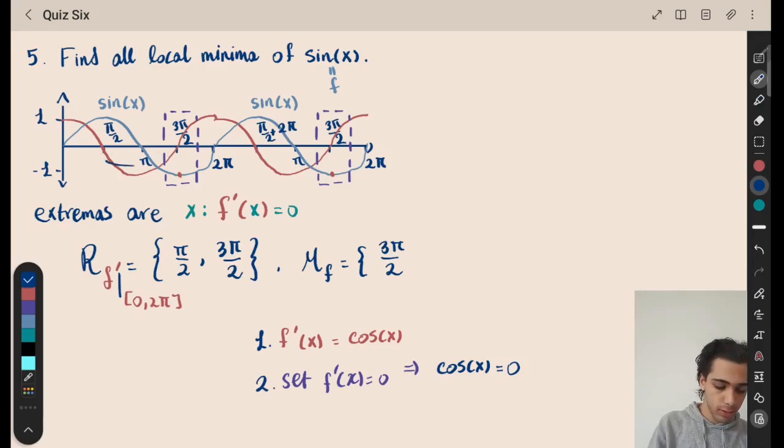This is the distance from here to there, it's 2 pi. Then you have here, change it by 2 pi. Then 2 pi, and then 2 pi plus 2 pi, that's 4 pi. And so you have the same interval, but instead of going from 0 to 2 pi, like here, you go from 2 pi to 4 pi.